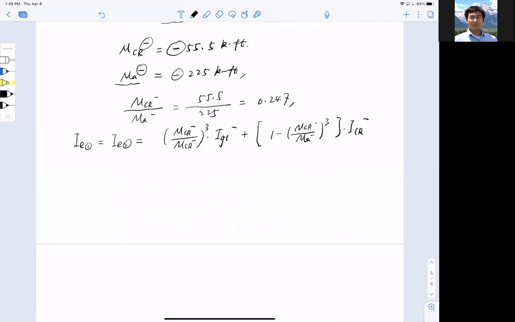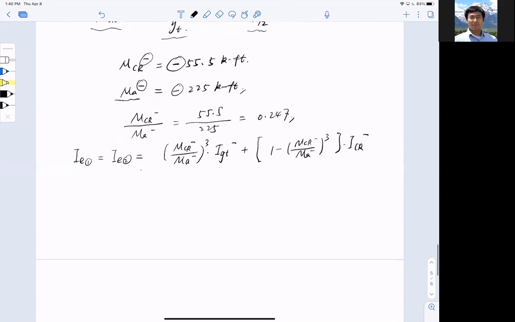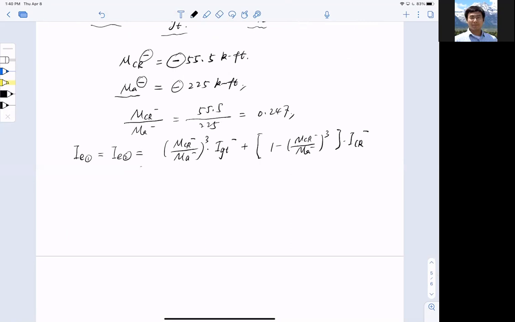On the first term there, you have MCR negative over MCR negative twice? Like right after IE2, you have IE2. Oh, you're right. That's a typo. You're absolutely right. Thank you. All right, so that is the ratio here.